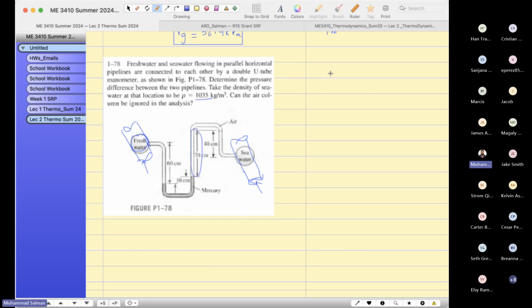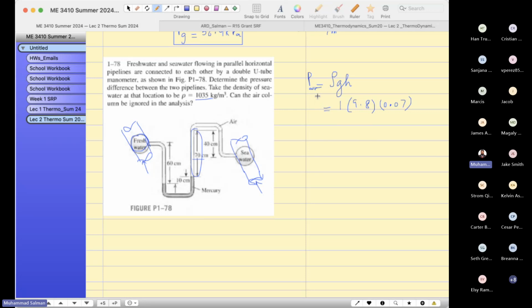So we will see. Remember the pressure head. Pressure head is rho g h. And for air, if we want to find out, rho of air is 1 kilogram per meter cubed, g is 9.8, h is 70 centimeters in this case, 0.07 meters. Right now I'm just telling you, can we ignore it or can we not ignore it?